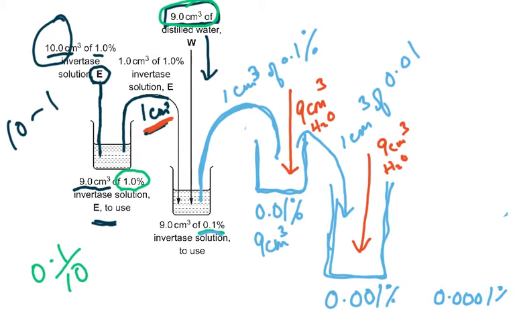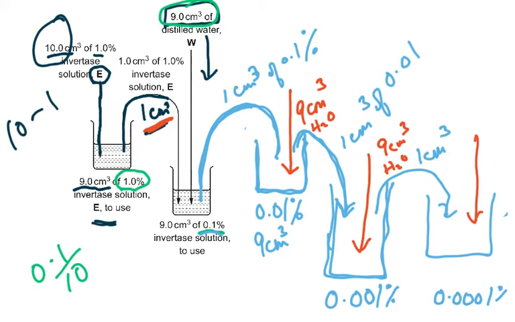Every time we have 9 cm³ left, because every time we are taking out 1 cm³, adding it to the next beaker, and adding 9 cm³ of water. Then we take another 1 cm³ out, and again add 9 cm³ of distilled water.